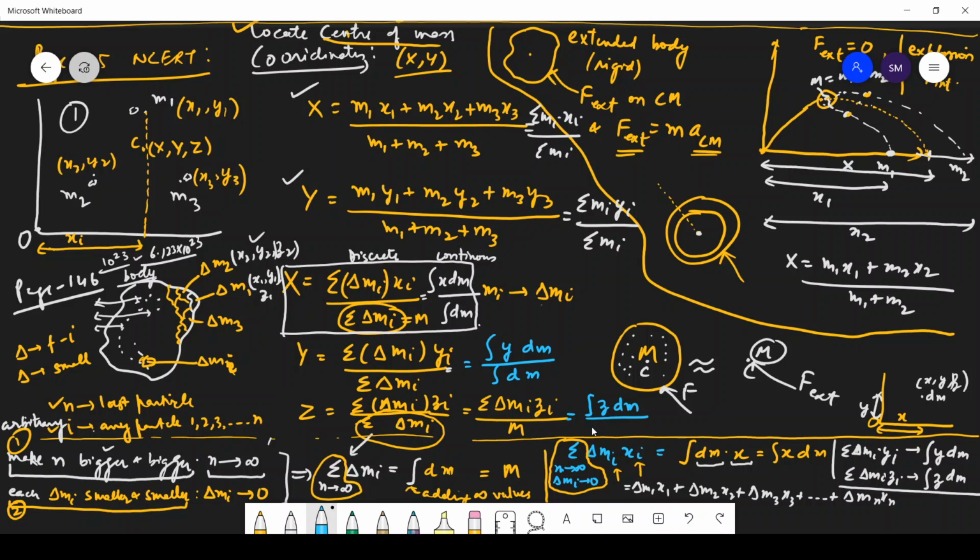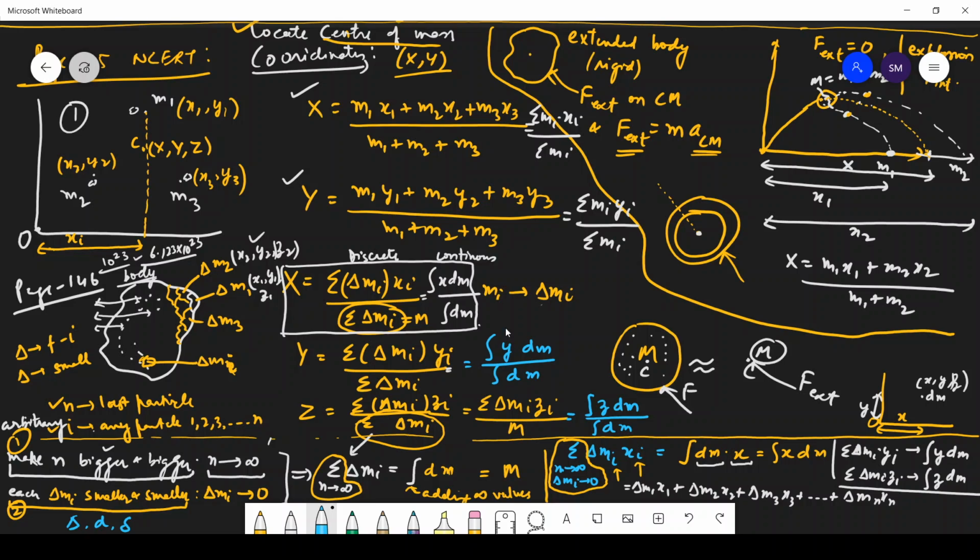And here the summation will be replaced with the integral, and this delta will be replaced with dm. See, we have three ways to write the delta. One is this delta, second is this delta, and this is also delta. So we have three deltas in the physics maths. All of them mean infinitesimally small. So this will be dm.